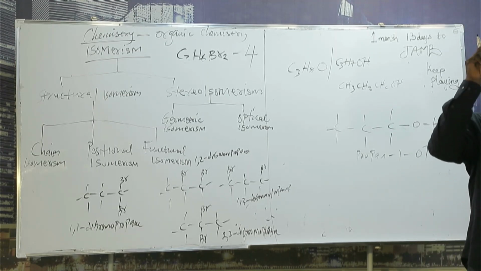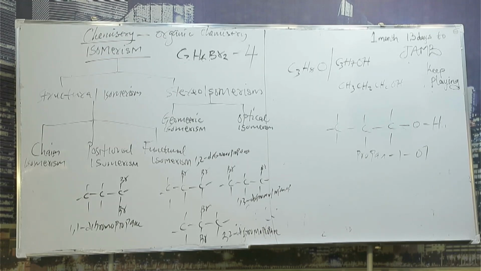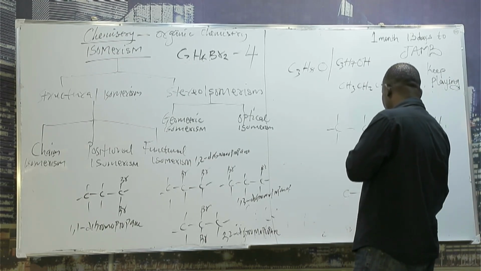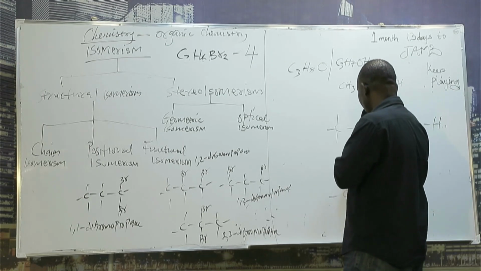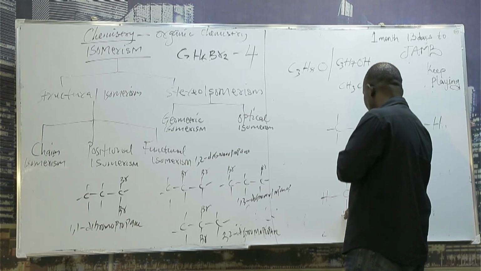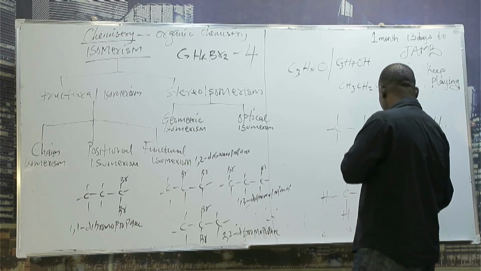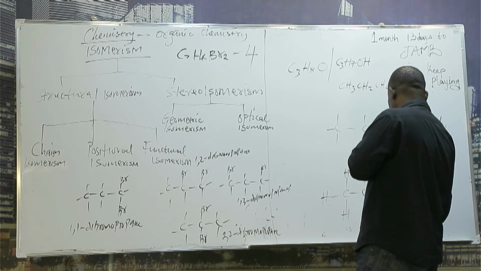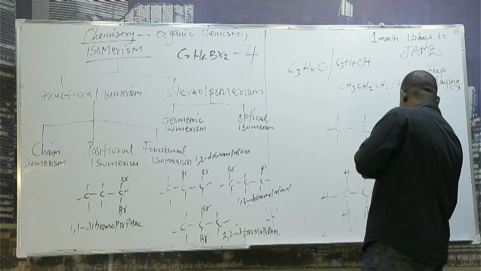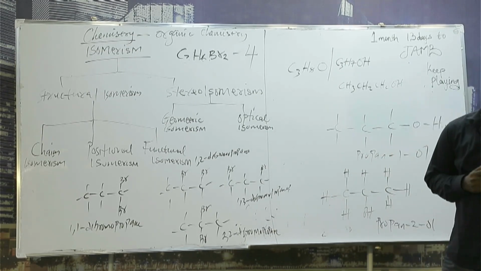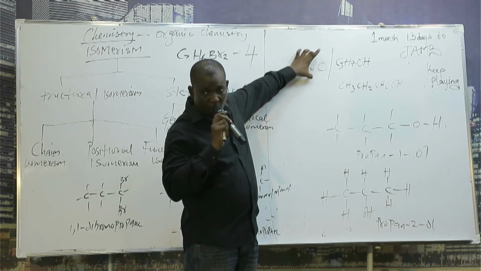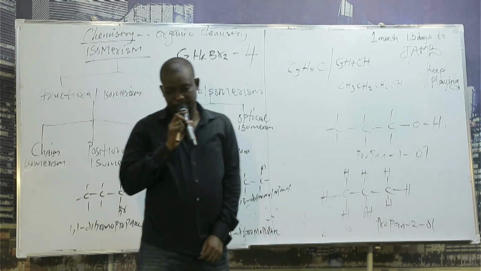Propan-1-ol and propan-2-ol. Please take note of it: 1, 2, 3, OH. Propan-2-ol and propan-1-ol are isomers of this organic compound. Please take notes.